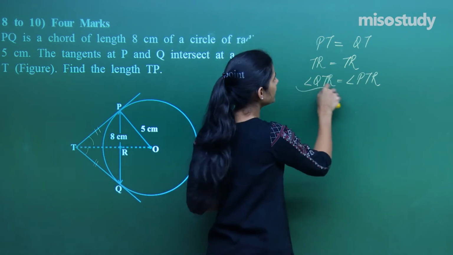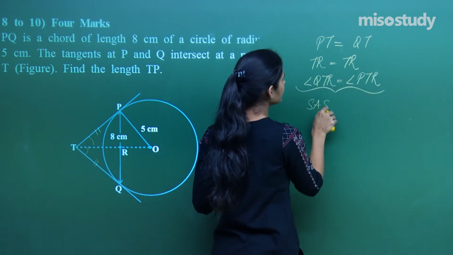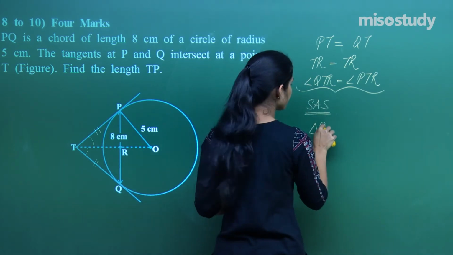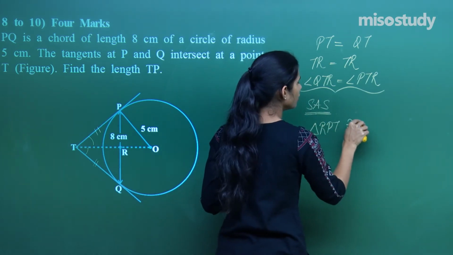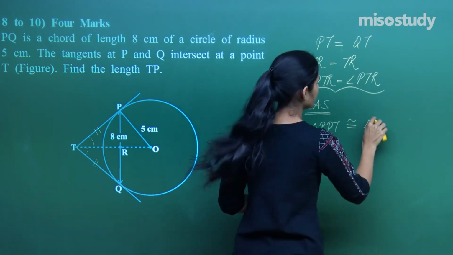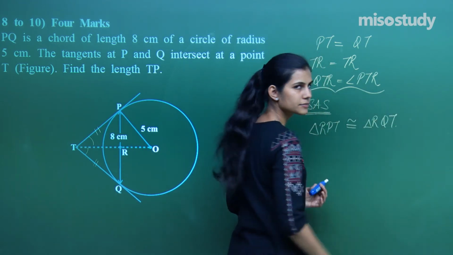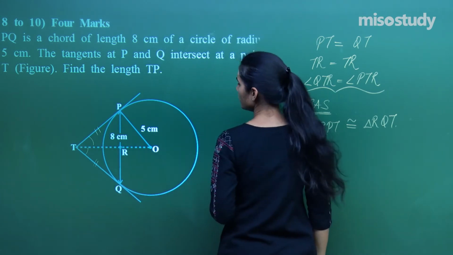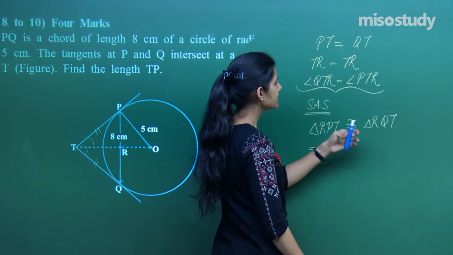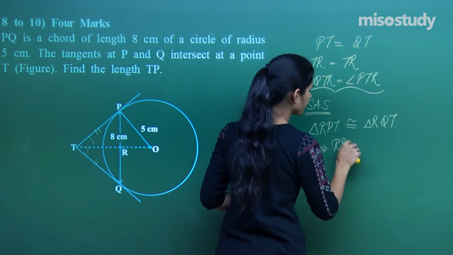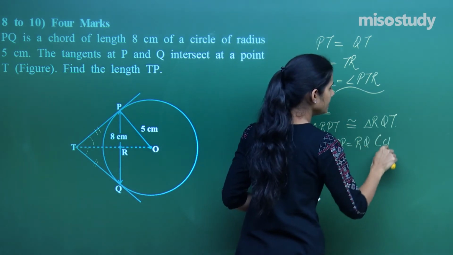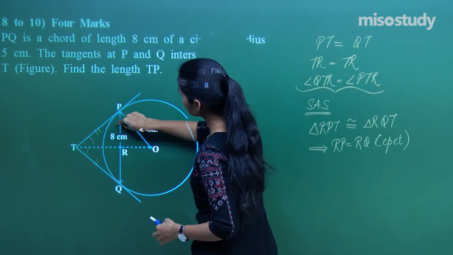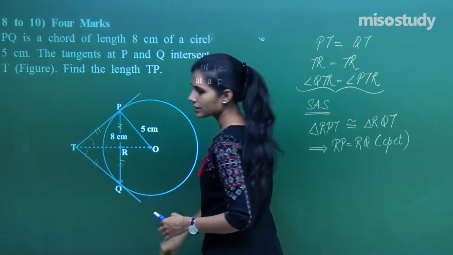So these angles will be equal, and therefore by SAS congruence rule, I will have triangle RPT congruent to triangle RQT. And therefore by CPCT their corresponding parts will be equal. So you will have RP is the same as RQ by CPCT.